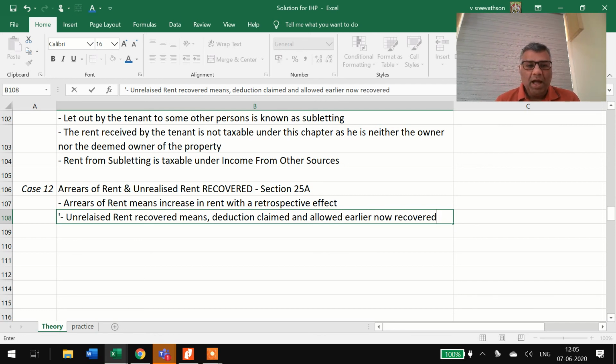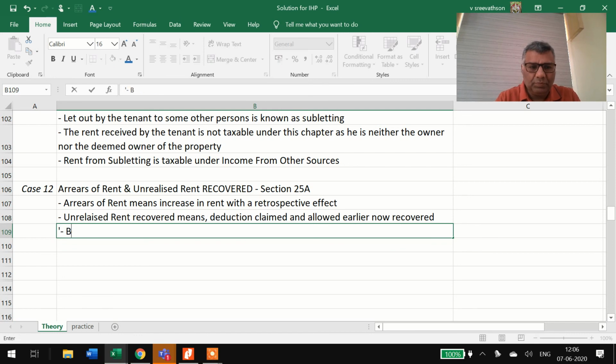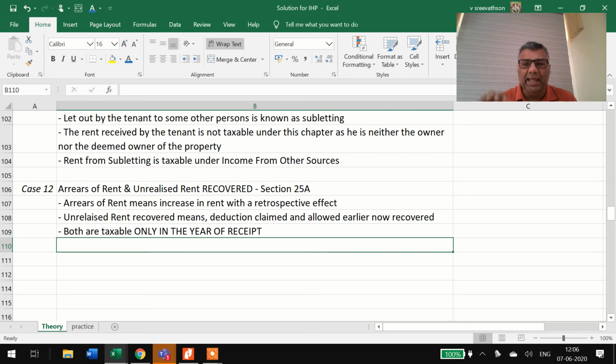Both are taxable only in the year of receipt, the year in which you actually receive it.